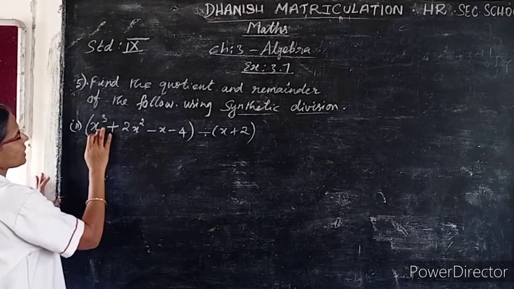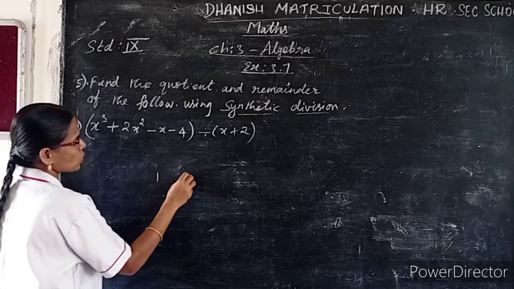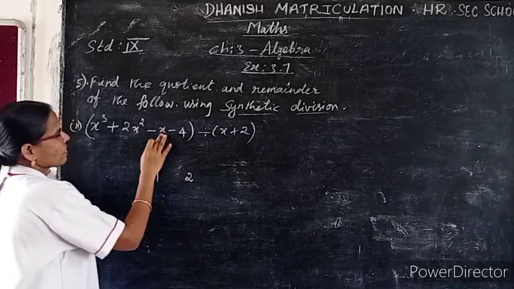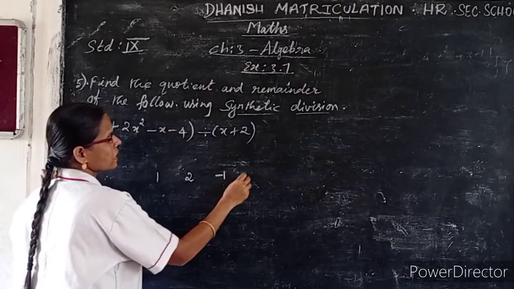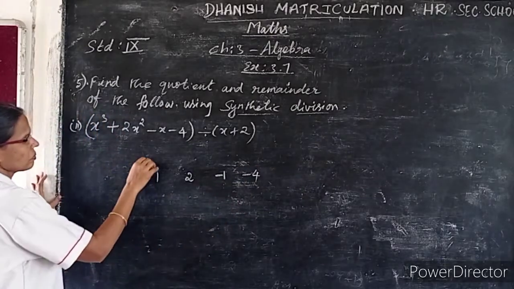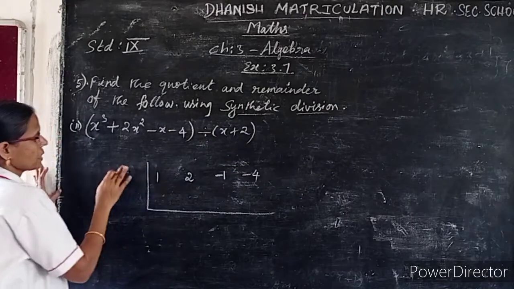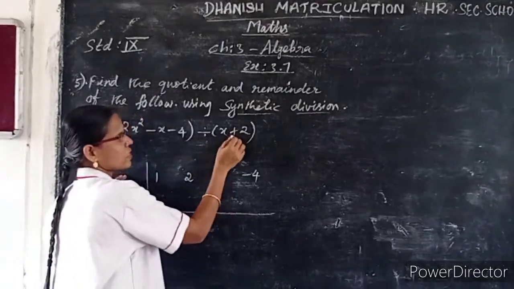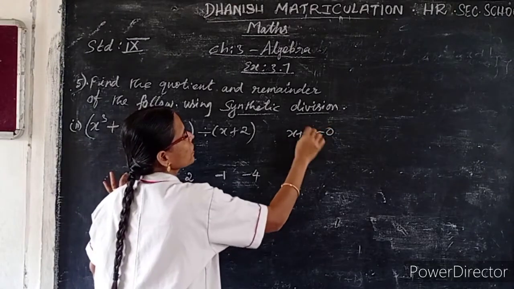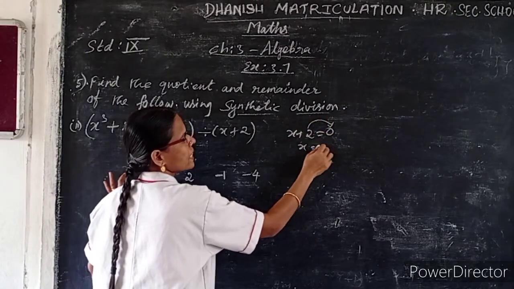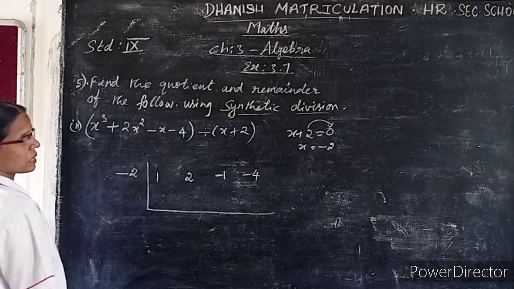So here the coefficient of x cube is 1, the coefficient of x square is plus 2, the coefficient of x is minus 1, the constant term is minus 4. So draw like this. What is our divisor? Find the 0 of the polynomial x plus 2 equal to 0. x is equal to minus 2. So minus 2 is our divisor.